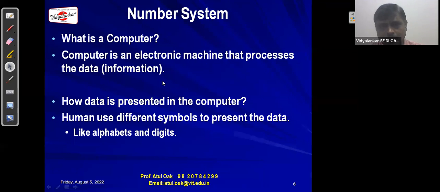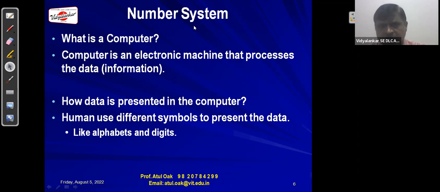Point number 2. Data is presented using different symbols like alphabets and digits by humans.